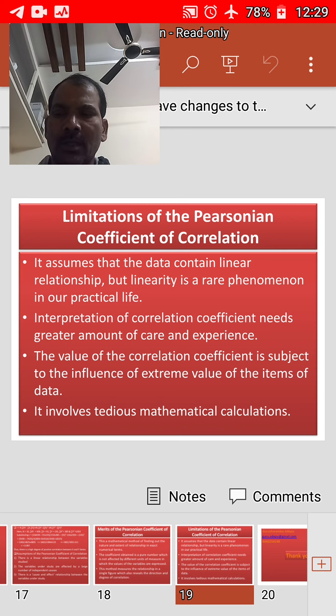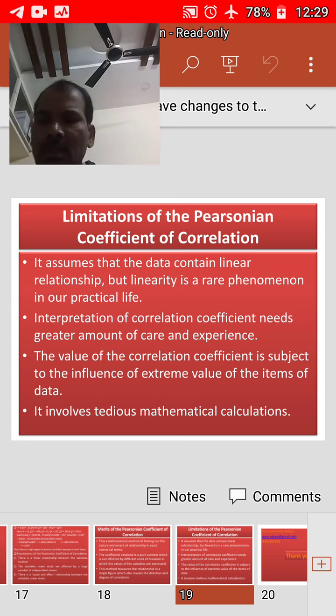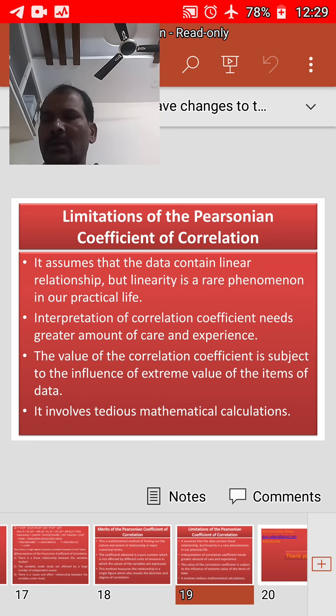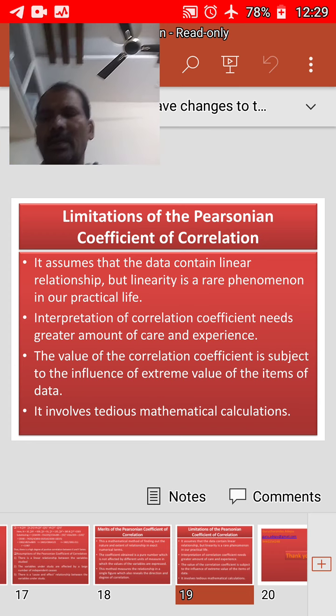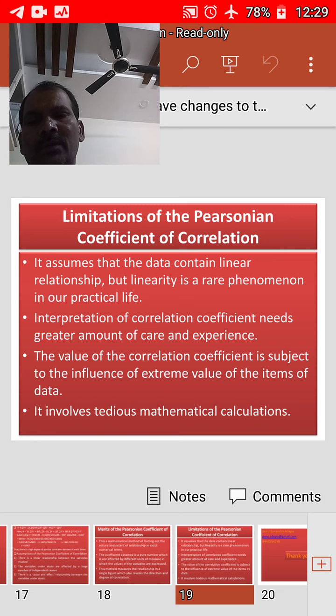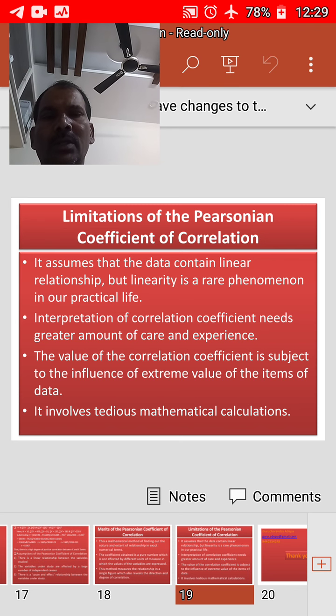This is one merit. Thus the Karl Pearson method measures the relationship in a single figure, which also reveals the direction and degree of correlation. However, it suffers from a few limitations.